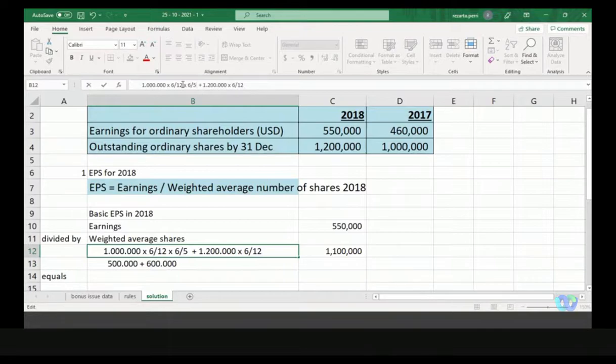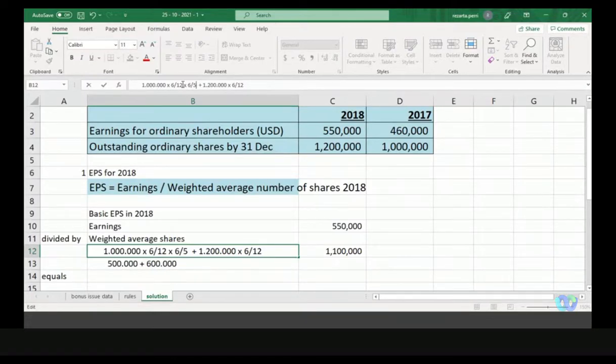Why? Because I need to take this transaction back in time to the beginning of the period. So the amount of shares that I find at the beginning of the period, I would just take and weight with the bonus fraction.